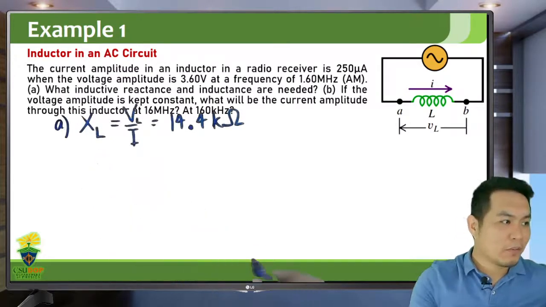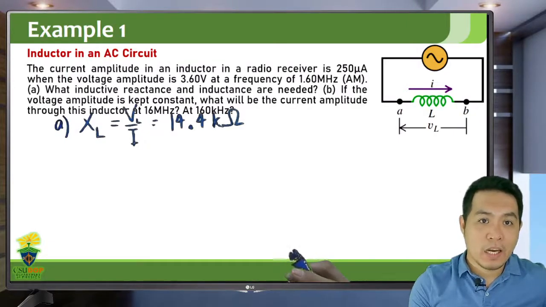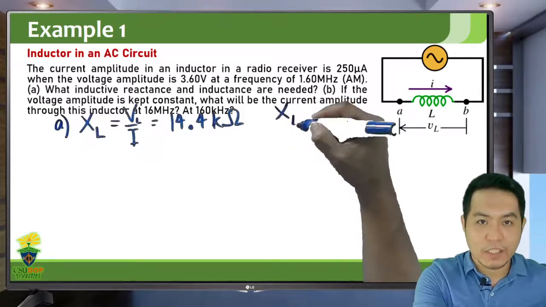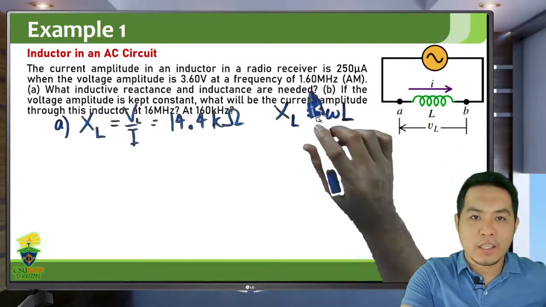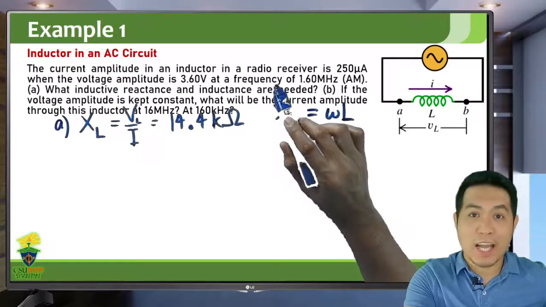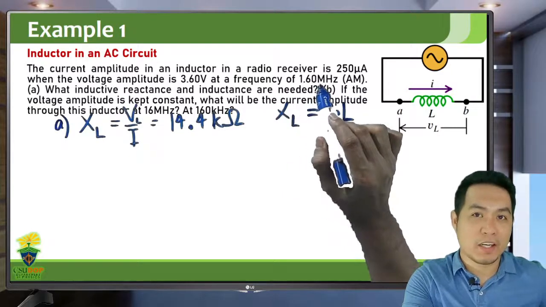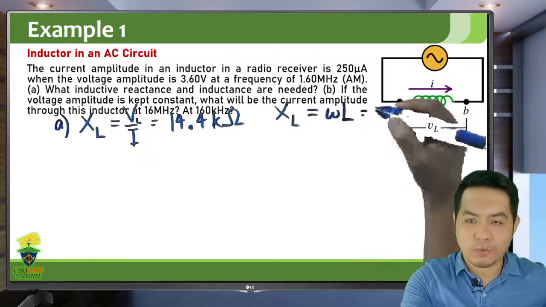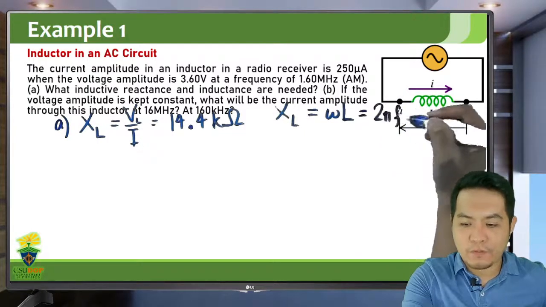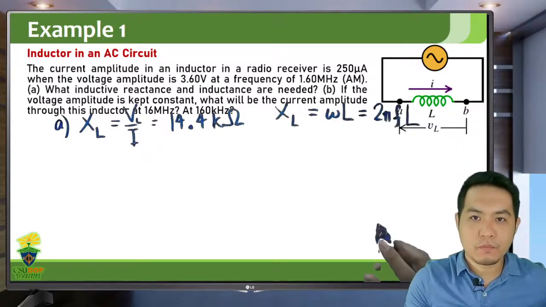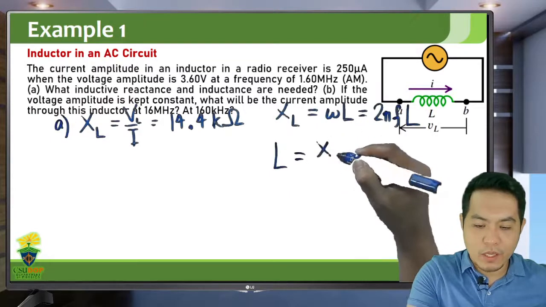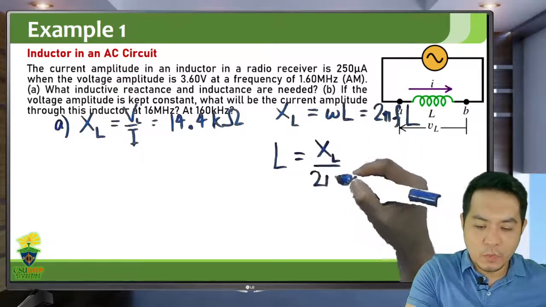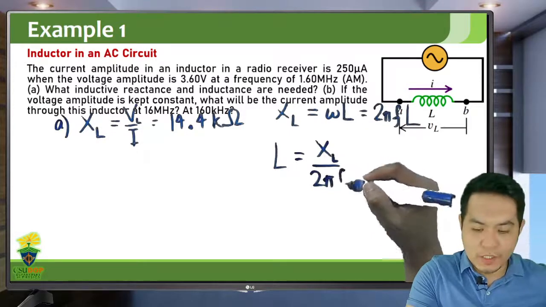Knowing the inductive reactance, I can now solve for the inductance, L. Since XL, the inductive reactance, is just omega times L, and take note, the 1.60 megahertz is just the frequency f, not the angular frequency, we need to use the formula 2 pi f for the angular frequency. So solving for L, L is equal to XL over 2 pi times the frequency.